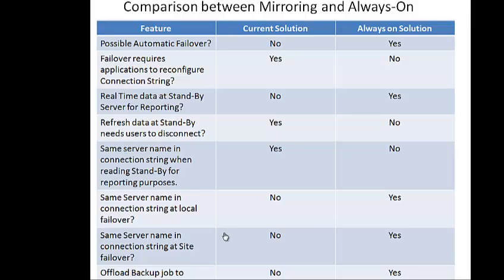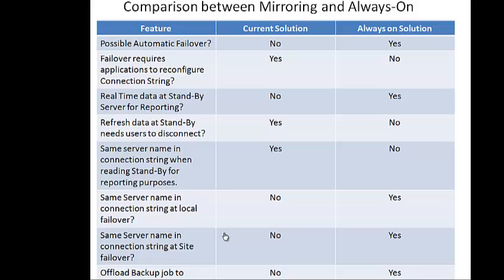For a client to make the connections to the right server, they have to change the connection string. But with Always On, if it is failed over locally, you don't need any connection string to be reconfigured. In fact, since we are using a listener, we don't need to change the connection string, the server name, if we do fail over to the remote site.